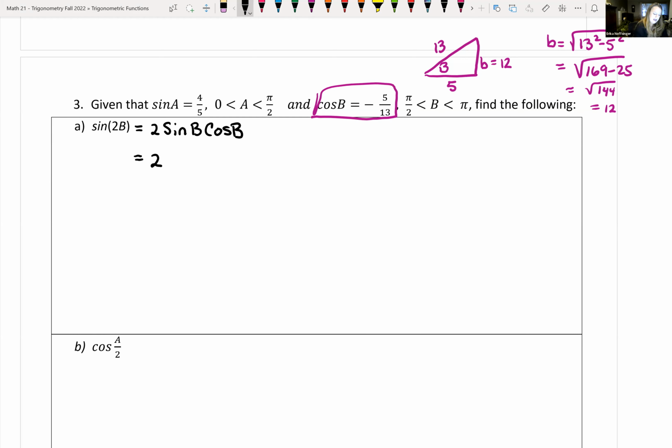So we're going to have positive opposite is 12, hypotenuse is 13, times cosine of B. Cosine of B we're given was -5/13. So let's just simplify this a little bit. I'm going to first multiply my 2 and -5. That's just easier. That's -10. -10 times 12 is -120, all over 13 times 13, which is 169.